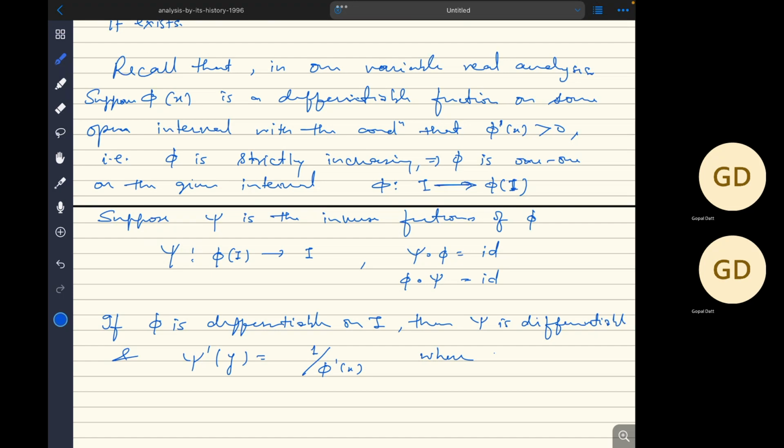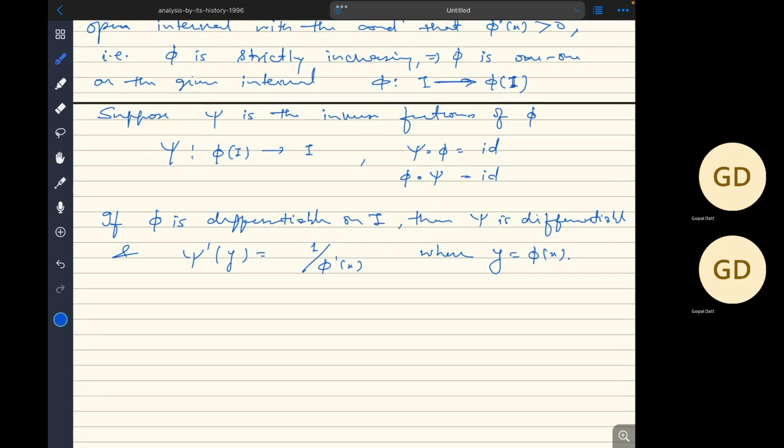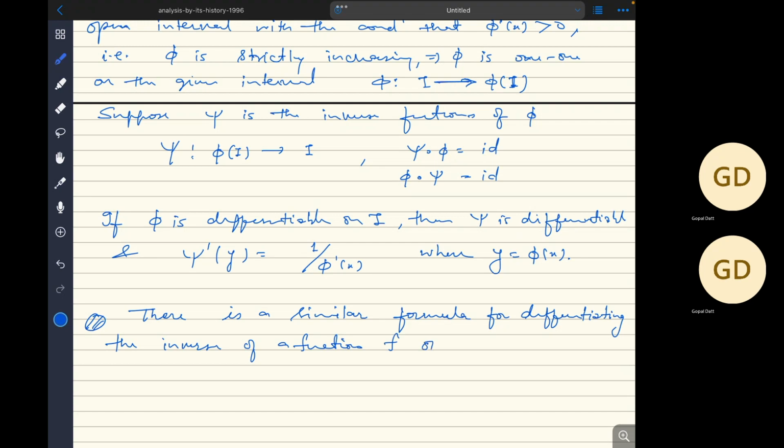There is a similar formula for differentiating the inverse of a function f of several variables.